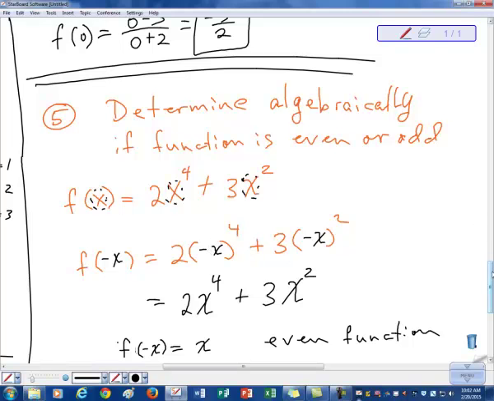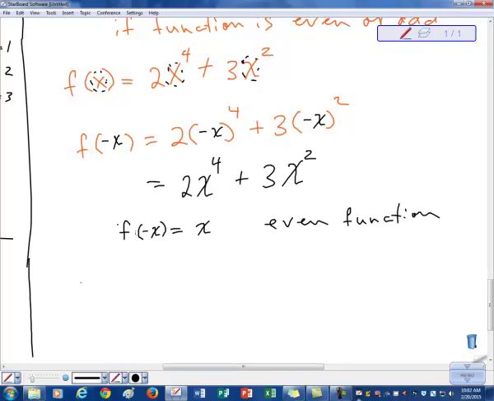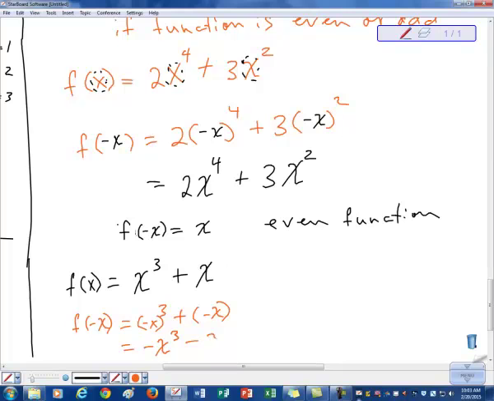That's an even function. Well, what would be considered an odd function? Well, if we had f of x equals, let's say, x cubed plus x, and we substituted negative x in, so this would be negative x cubed plus negative x, and we get negative x cubed minus x.